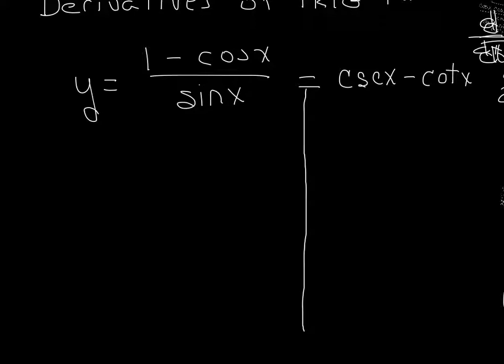So if we start with the derivative using the quotient rule, I'm going to have the denominator times the derivative of the numerator, which is going to be a negative sine of x, which is a plus sine of x, minus the numerator times the derivative of the denominator.